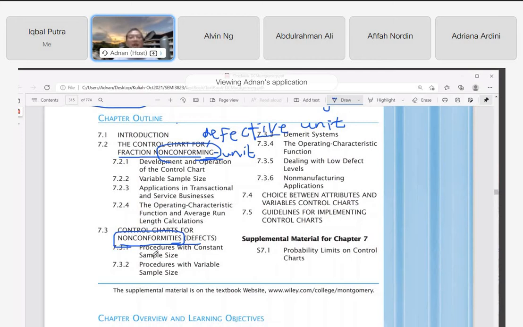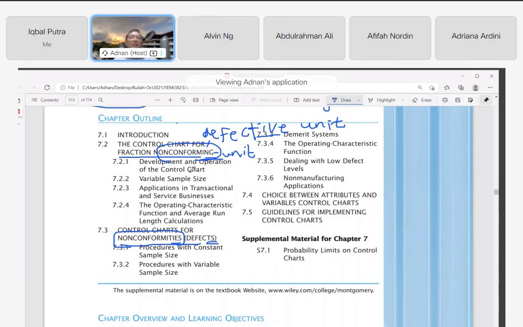Another control chart is what we call non-conformities. Control chart for non-conformities. This is referring to defects. So defects and defective, in terms of SPC terminology, are not exactly the same. You can have several defects, but you can only have one defective unit.